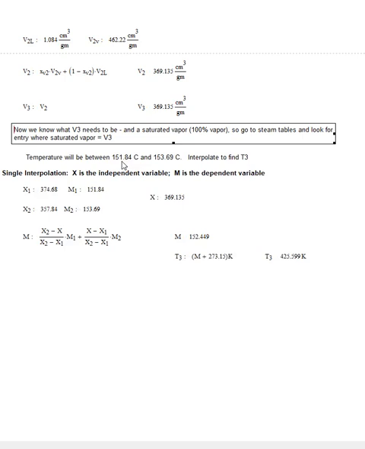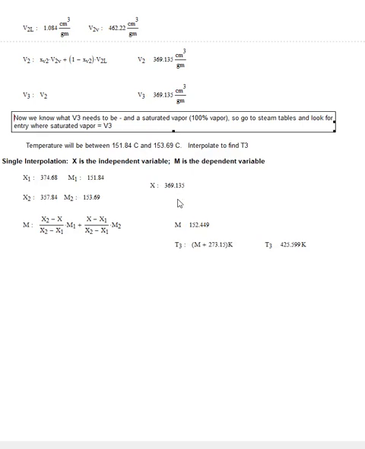So I'm re-recording this, making sure I get it straight. I'm now interpolating between 151.84 degrees C and 153.69 degrees C to find the temperature, and then I'm going to use that information to calculate the internal energy and eventually calculate Q.